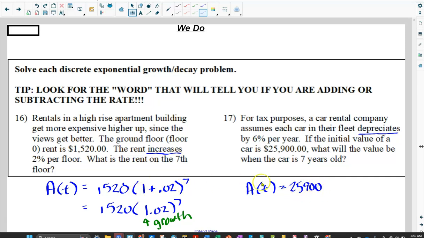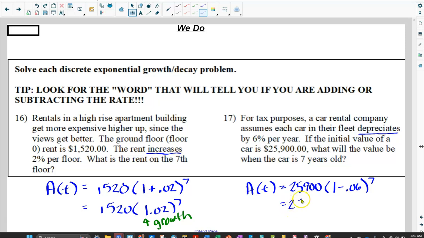Okay. We need the same setup. 1. Now this is depreciate, so it's got to be minus the rate. Okay. Pay attention to that part, which is 0.06. And when the car is 7 years old. Okay. Now look at what's going to happen here.